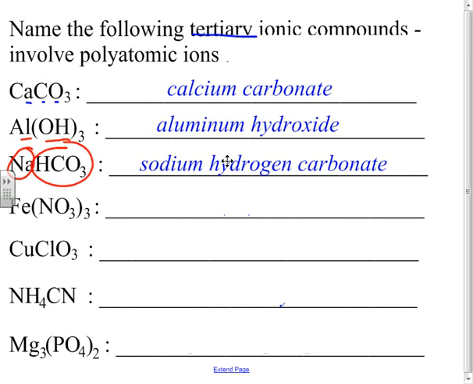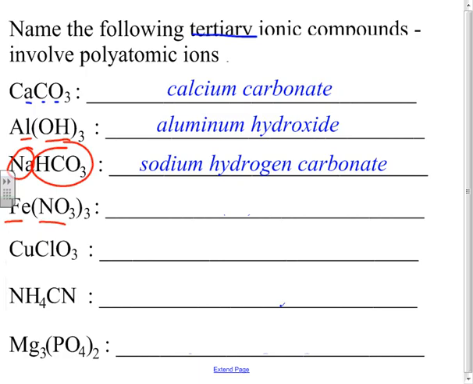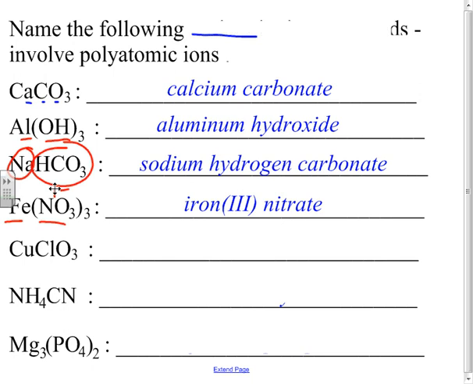The next one we have iron and the nitrate polyatomic ion. So here is the nitrate polyatomic ion. It's got a 1- charge. And if there are 3 nitrates, 3 1- attached to the iron, that then is going to be iron 3 nitrate.